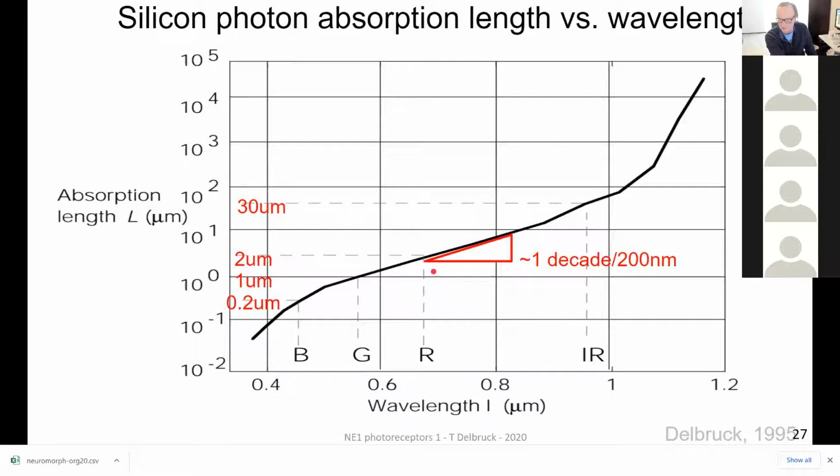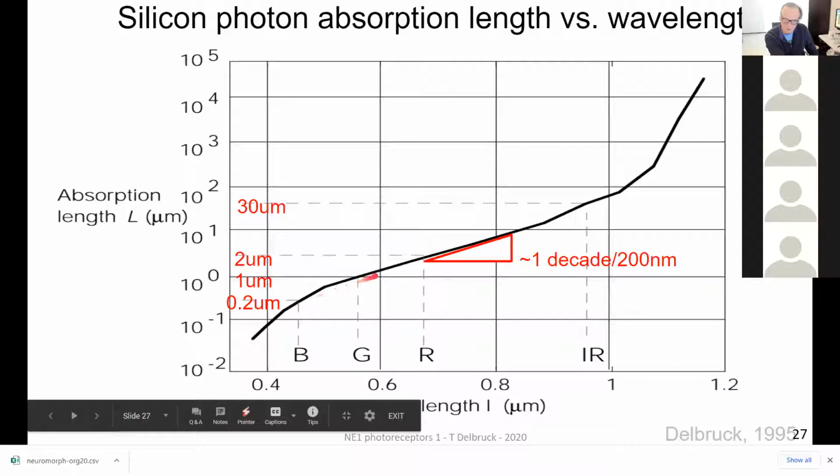And red is around 700. And this is the so-called absorption length. That's the factor L when you go e to the minus x over L, it's like the exponential absorption length. And you see here within this visible range, the absorption length in microns goes up as the wavelength gets bigger.